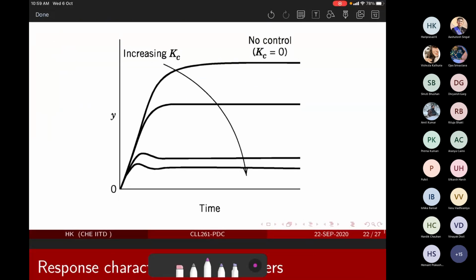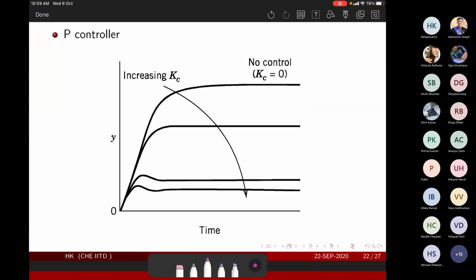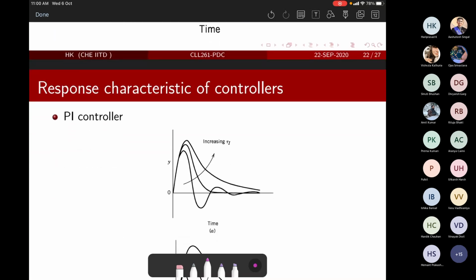Now we can also check how it looks. If you increase the Kc value for PI control, if there is no control, it would be a bias, and as you increase it, this offset would keep on coming down.